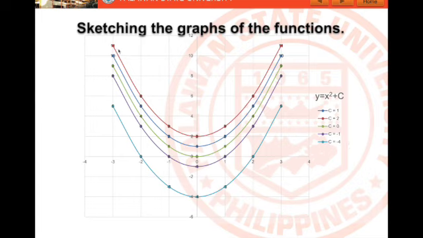But again, if you plot them, they will just look like this. They will just move the vertex along the vertical axis, and one of the curves in the family will pass through that particular point.